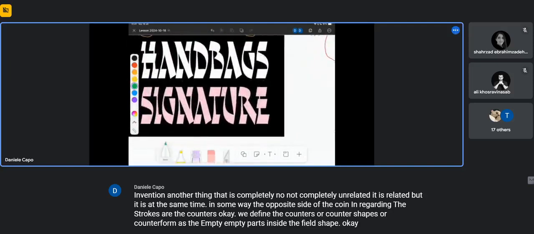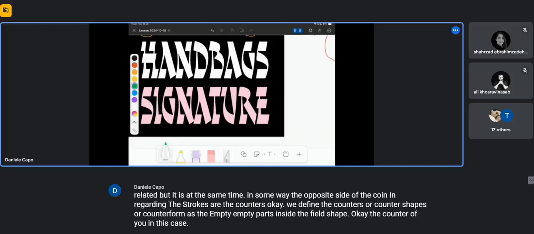The counter of U in this case is this one. Let's use another color.